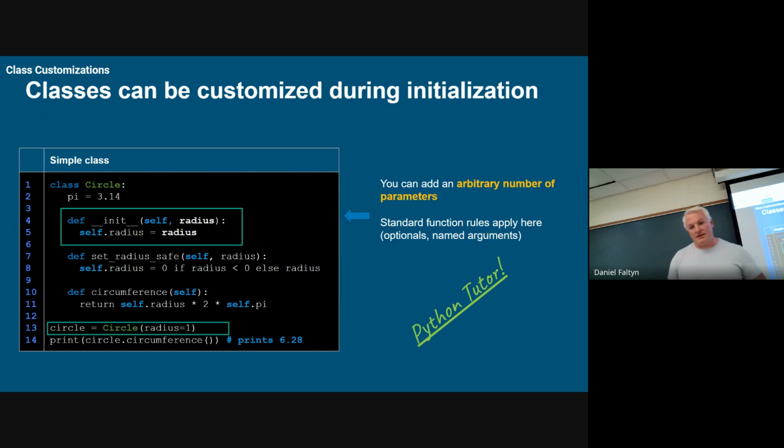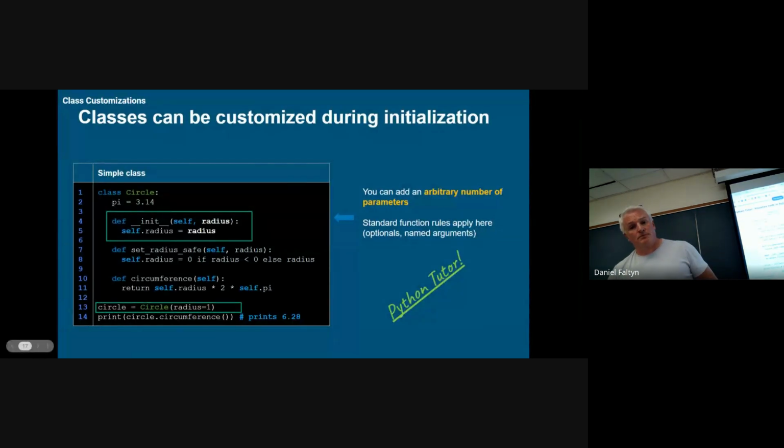The only thing different between circle 1, circle 2, circle 3, circle 4 is their radius, right? So we've already looked at this constructor. That's making our instances unique. So again, we can run through the code. And by the way, if I haven't said this, everybody should be making use of Python Tutor. It's very, very useful, especially in quizzes where it's open book and you can use whatever resources.